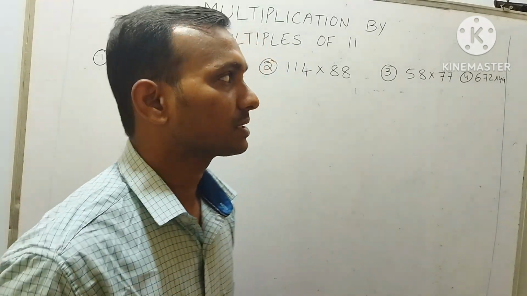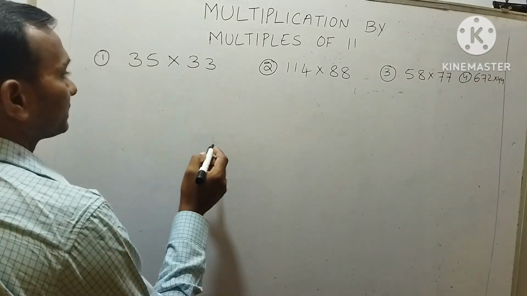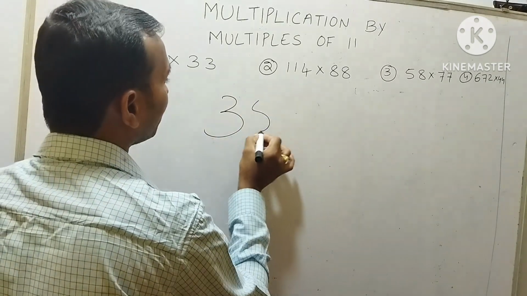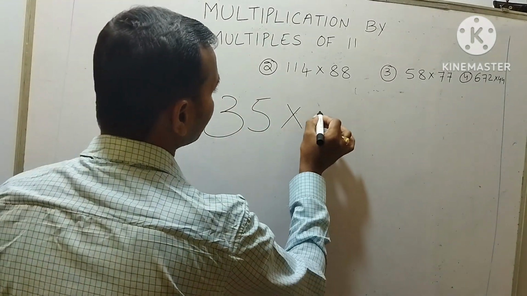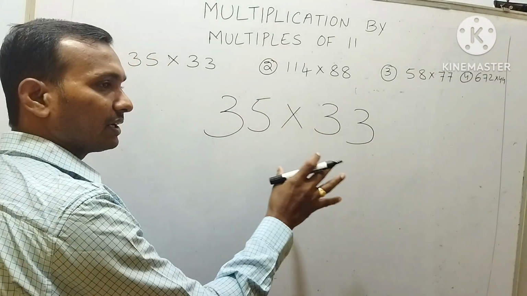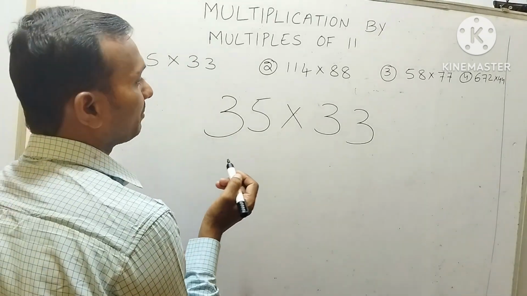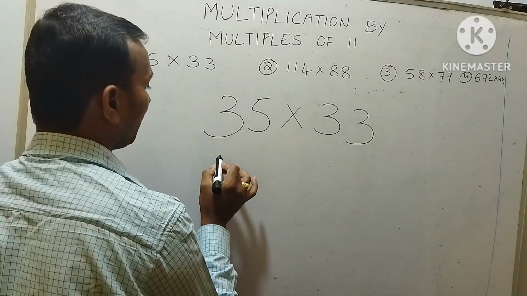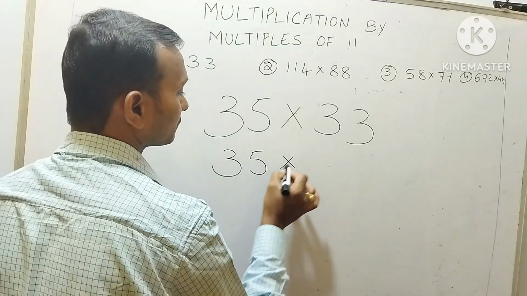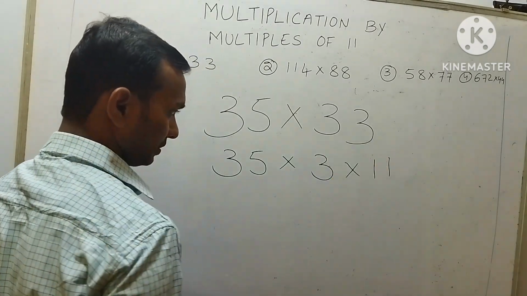We have 4 questions. I will explain the problems one by one. Here is the first problem. 35 into 33. We know that 33 can be written as 11 into 3 or 3 into 11. 3 into 11 is nothing but 33.